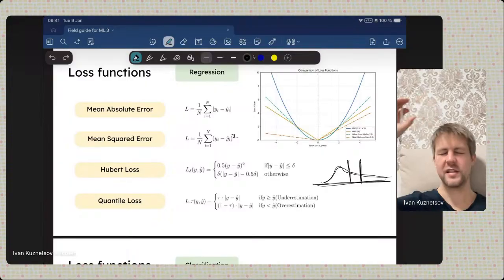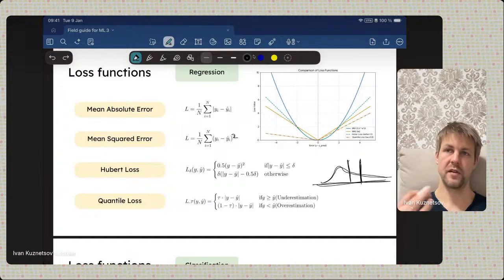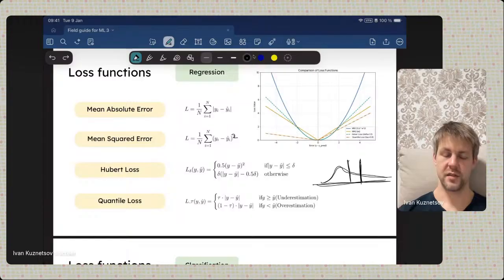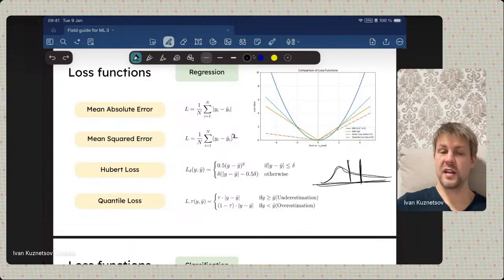So the thing is that for mean squared error, you will be dependent on outliers, and how big the outlier is can affect the results of your optimization. So if you compare this function to the median, it will be closer to the mode that we have, right? Because we have more values here.